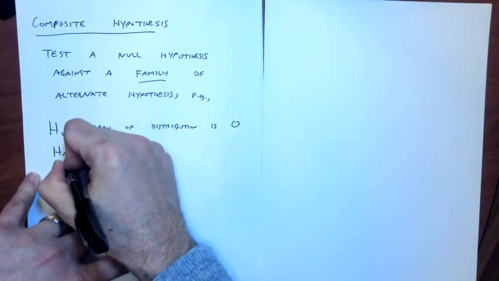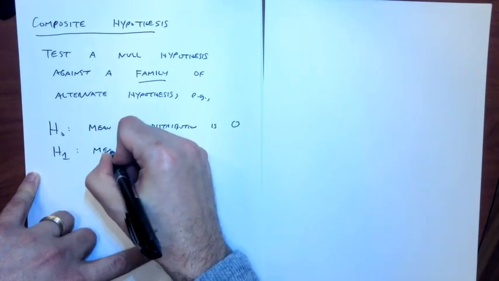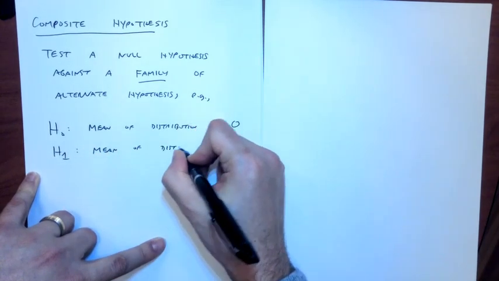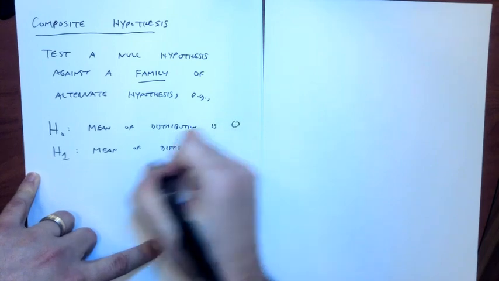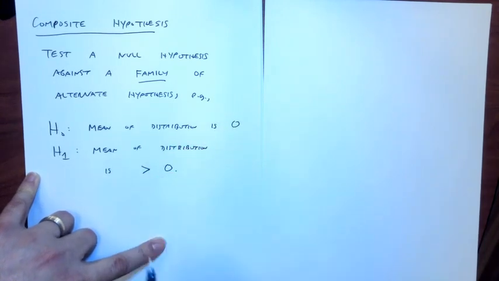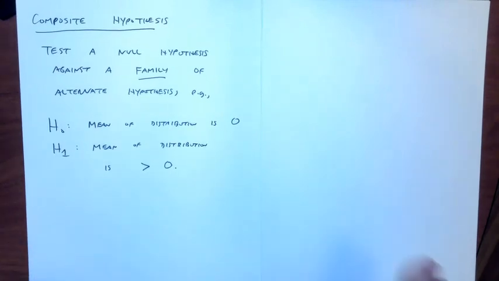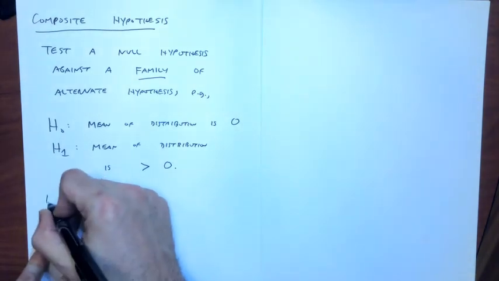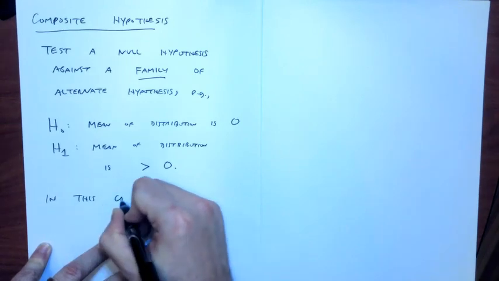And maybe the alternative hypothesis is that the mean of the distribution is greater than 0, okay? So in this case, I'm not specifying exactly what I think the second mean is. I'm just saying, are you in the 0 case or are you in some positive case? The mean could be 5 or the mean could be 5,000, right? So the H1 world is a little more diffuse than telling you exactly what the alternative is, right?